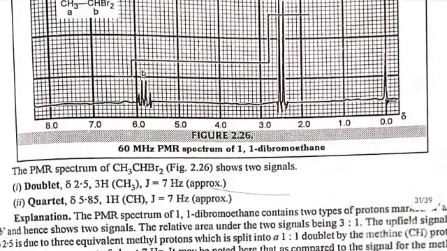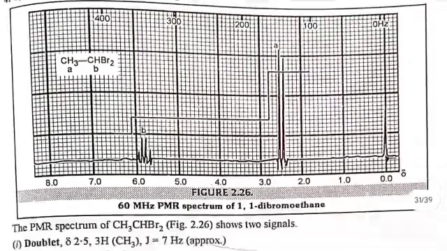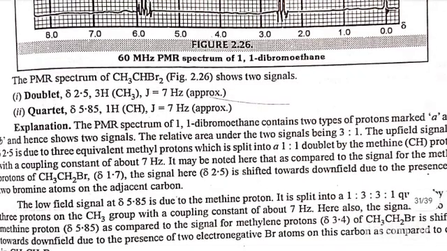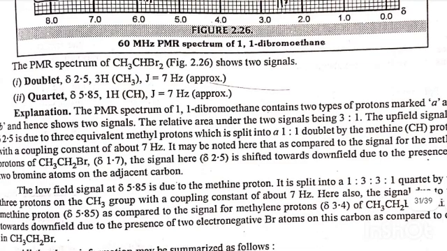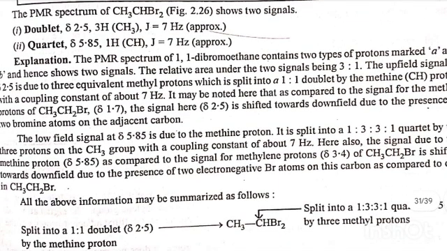1,1-dibromoethane. The PMR spectrum of 1,1-dibromoethane shows two signals: doublet at delta 2.5 for 3H protons, J equal to 7 Hz; quartet at delta 5.85 for 1H, J equal to 7 Hz. Explanation: the PMR spectrum of 1,1-dibromoethane contains two types of protons marked A and B and hence shows two signals.